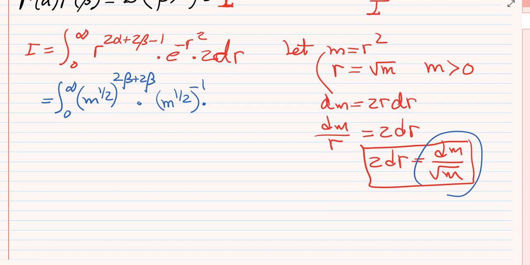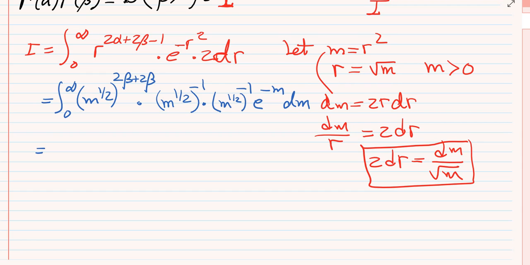Well, division by square root of m is like m to a half to the negative 1 power. And of course I have e to negative r squared, which is negative m, and then here I have dm. Okay, so everything is now rewritten in terms of the new variable m.